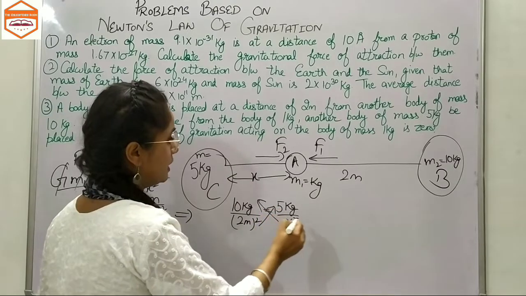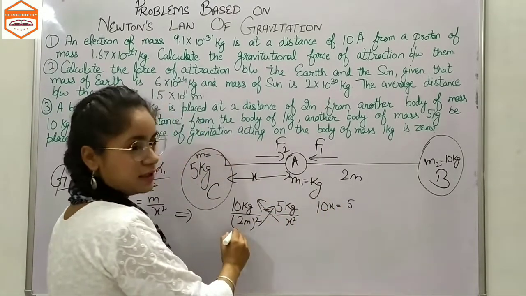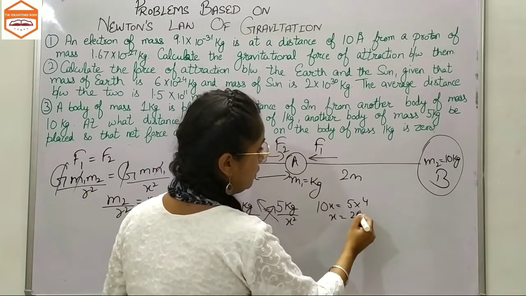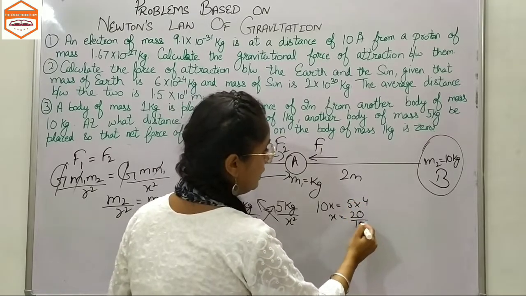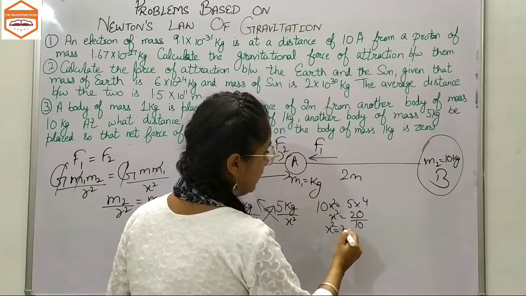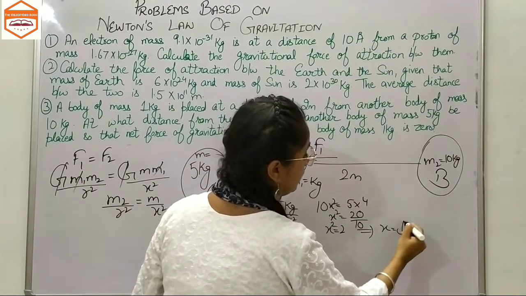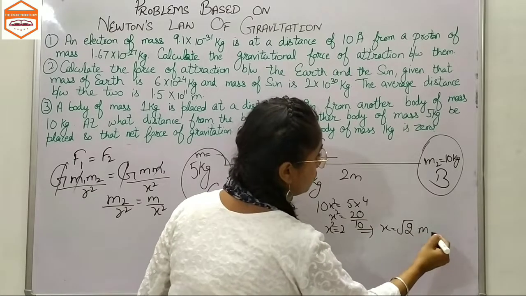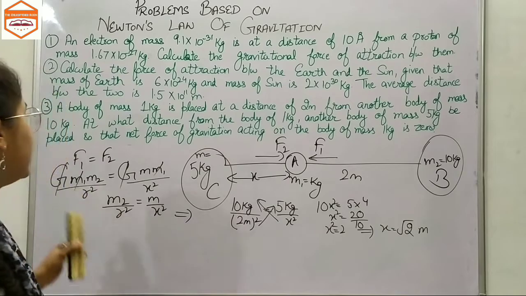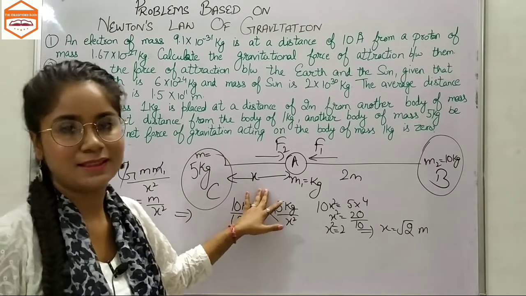We are going to cross multiply. 10 x squared equals 5 times 2 squared, that is 5 times 4, 20. x squared equals 20 over 10, and x squared would be 2. That means x would be the square root of 2 meters. So this is how we find the distance of this part.